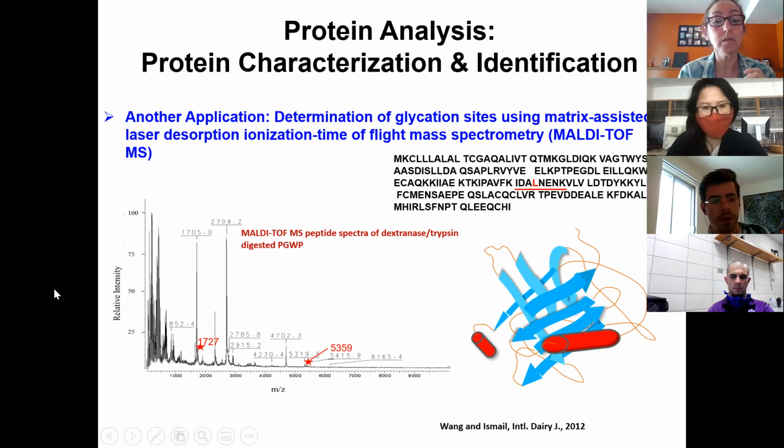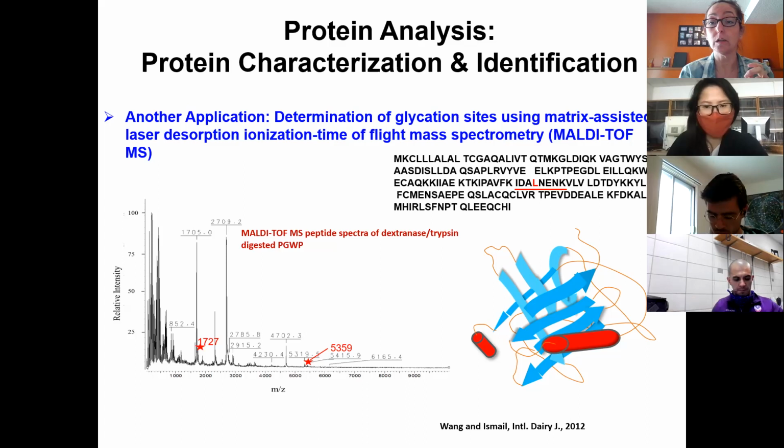So we ran the protein that was not glycated and the protein that was glycated, and we noticed a few new peaks that were not there originally. We determined the sequence, obviously, and determined the lysine that got blocked by being covalently linked to carbohydrate.